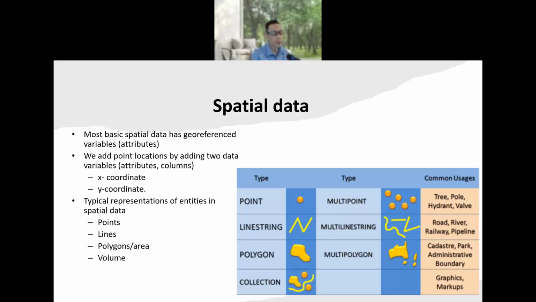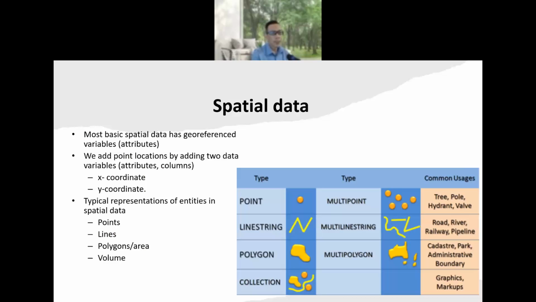For example, we can have the points of dengue cases, the points of HFMD cases, the points of leptospirosis cases. Those points can correspond to the locations of the residence of the patients. They can also be the locations of the occupations, or the locations of where they receive treatment, and so on and so forth.